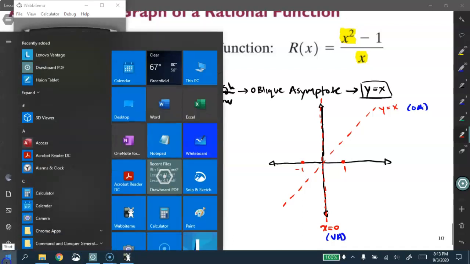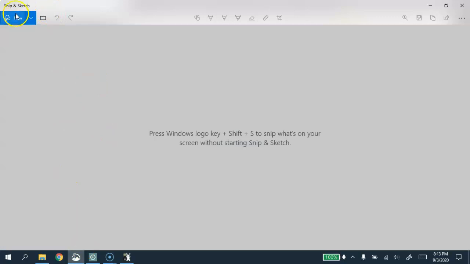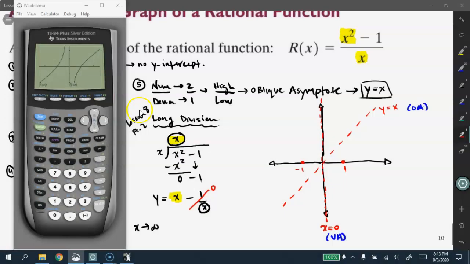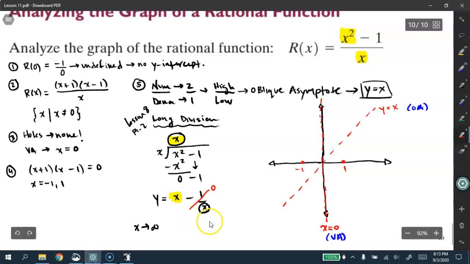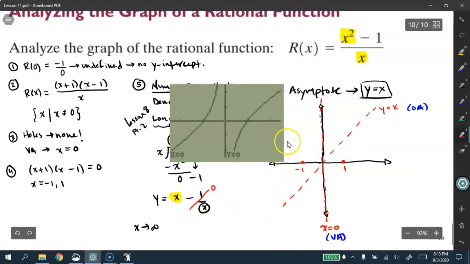It does not go through the origin. It just gets really close to the line x equals 0, but then it continues forward. So let's grab the screen really quickly, put it onto our notes, and flatten it.